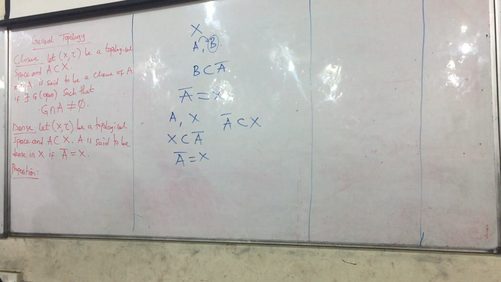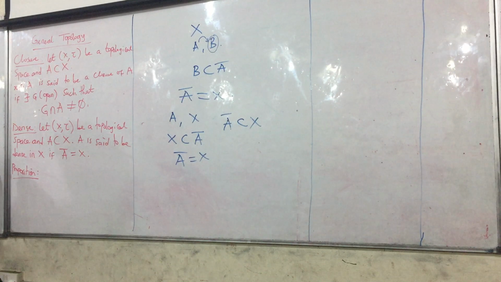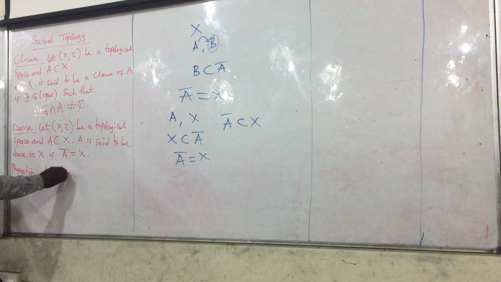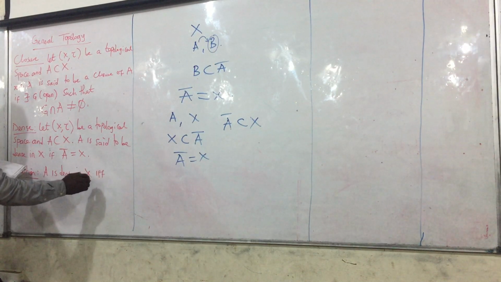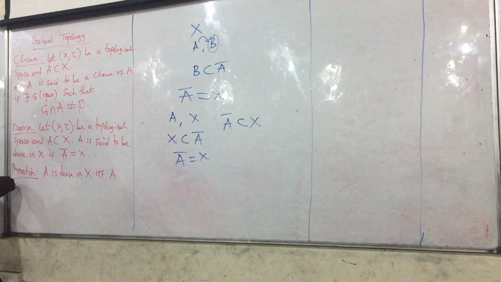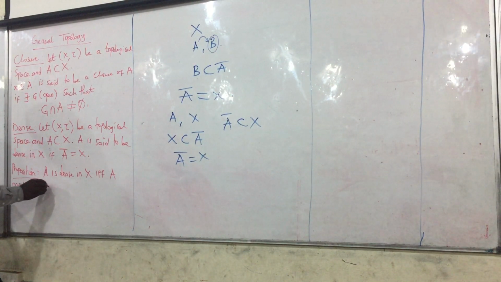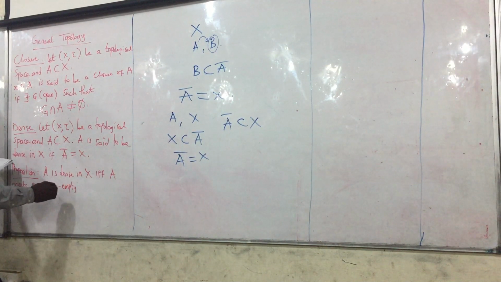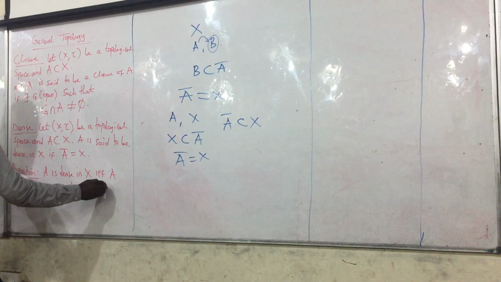You can use the one we did the other time to show it. Now, proposition: A is dense in X if and only if A meets every non-empty open set in X.